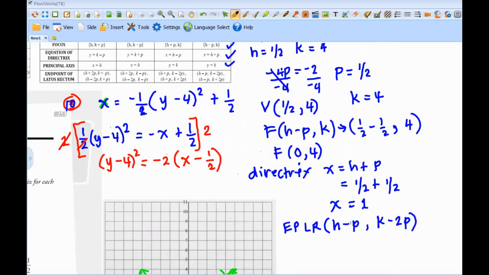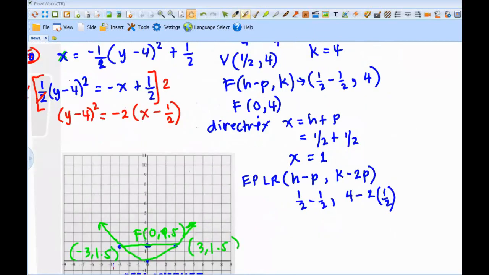So h minus p is, h is half, minus the p is also half. The k is 4, minus 2p, 2p is half. So therefore, we have 0 and 4 minus 1, which is 3.